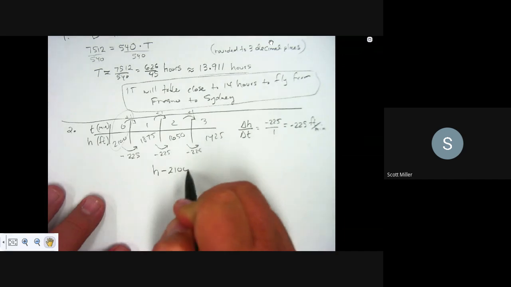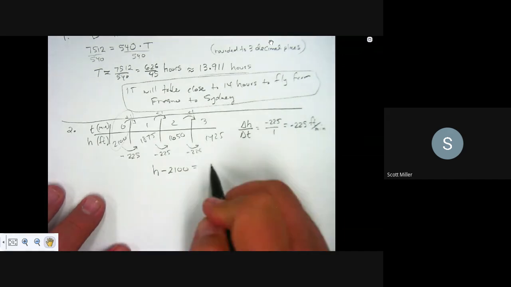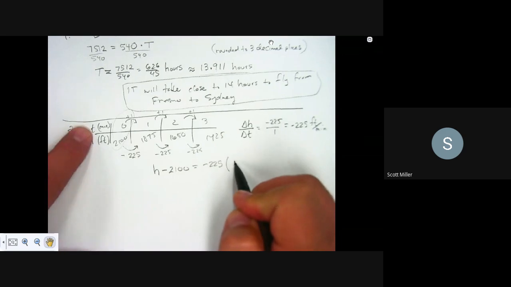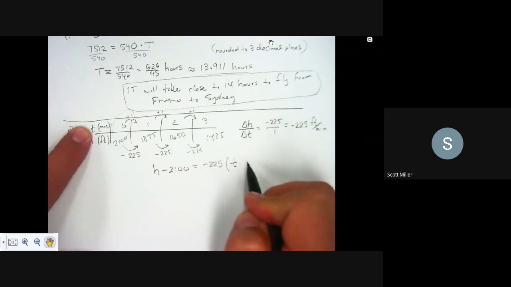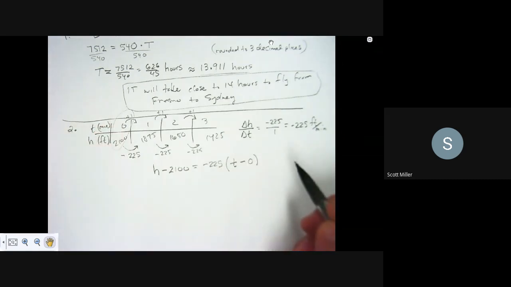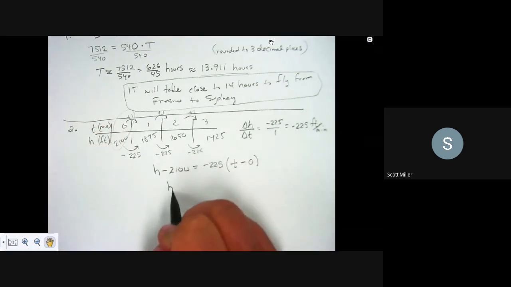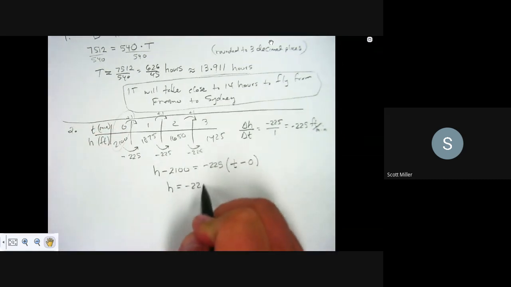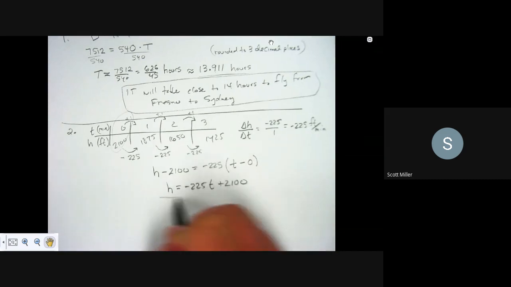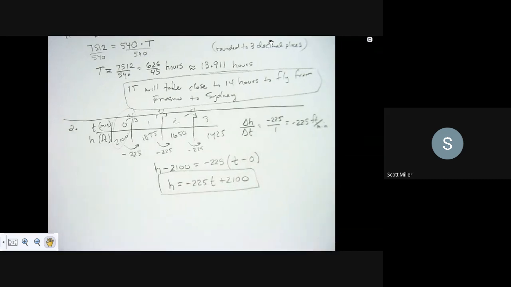H minus 2100 equals the rate of change times T, because there's no X, it's a T this time, minus that value. And so then I get H equals a negative 225 times T plus 2100. And that is my model that they're looking for.